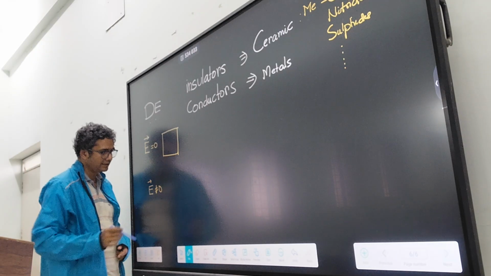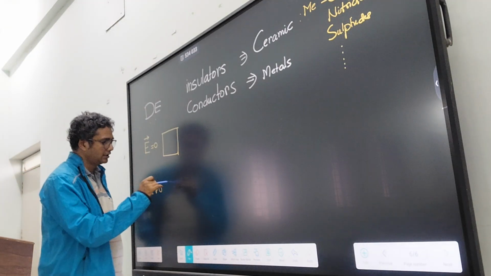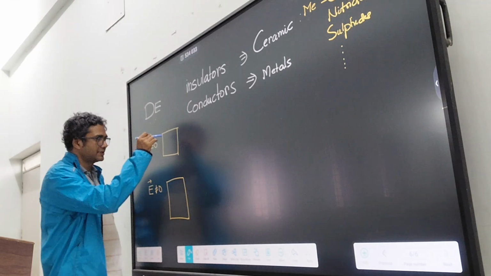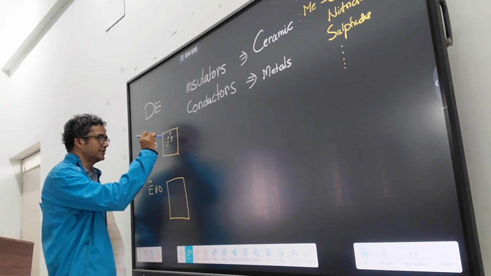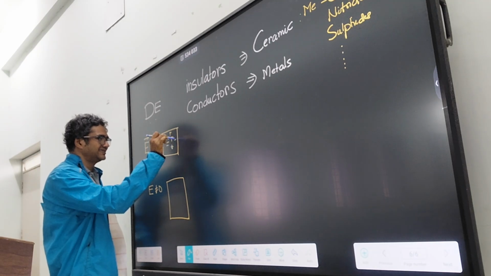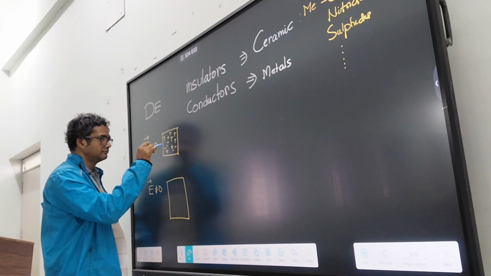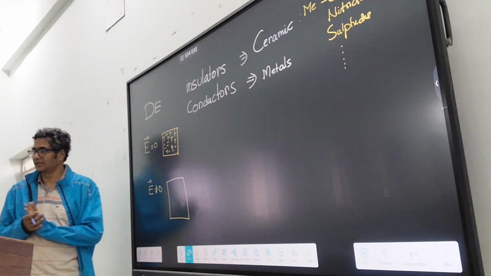Electric field has been applied. ठीक है, ये समझ में आ रहा है? इसमें इसके जो पॉजिटिव एंड नेगेटिव चार्जेस हैं ये रैंडमली डिस्ट्रीब्यूटेड हैं, when no electric field is applied.